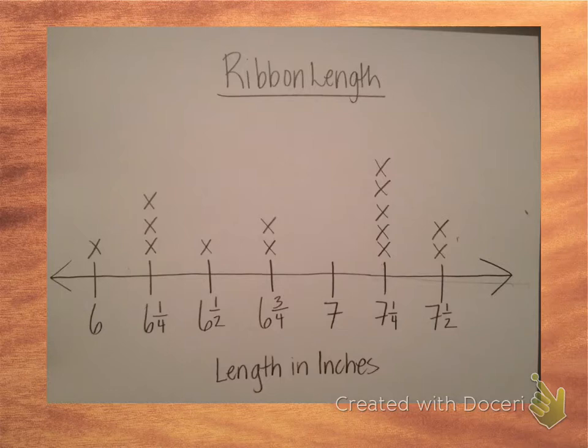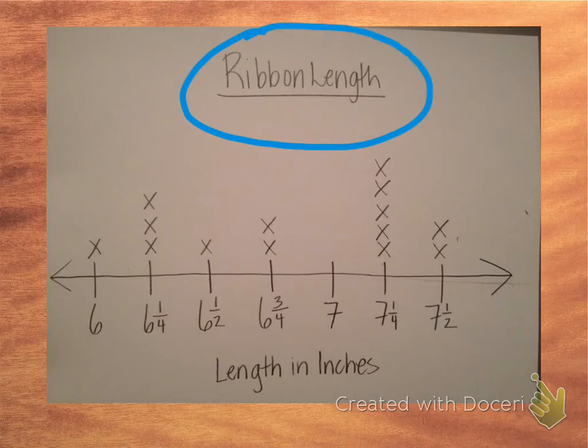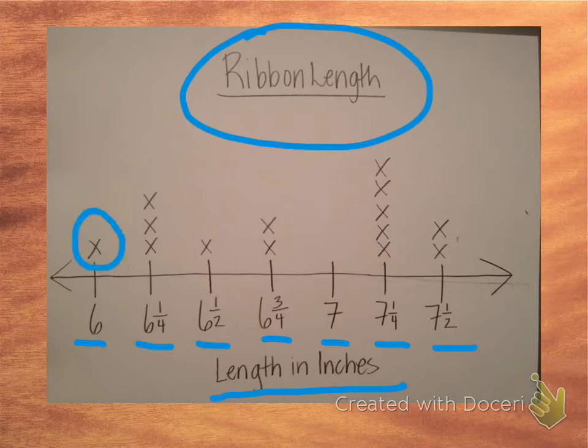As you can see, we have a title at the top of our graph, and then we have a label down here at the bottom, and then we are given some numbers here, all the way down, and this tells you how many of that number that we have. So we have 1, 6, 3 that are 6 1/4, 1, 6 1/2, and so on. So this is a line plot. You're going to see these a lot this year.